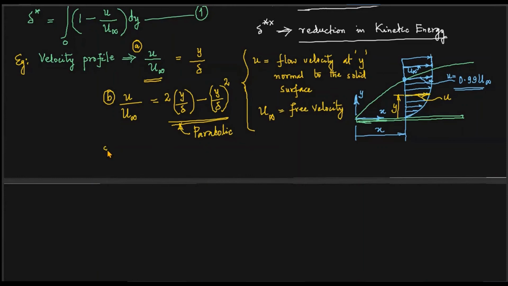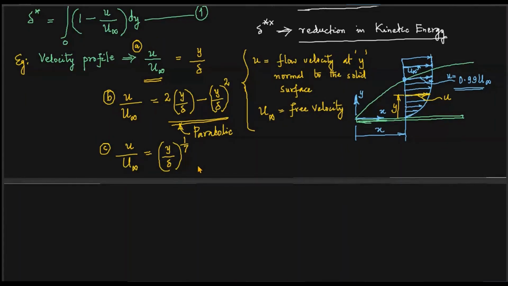One more I will give you: these are essentially for a laminar boundary layer region, and for turbulent, u by u infinity equals y by delta to the power 1 by 7, known as the 1/7 power law, like 1 by n.